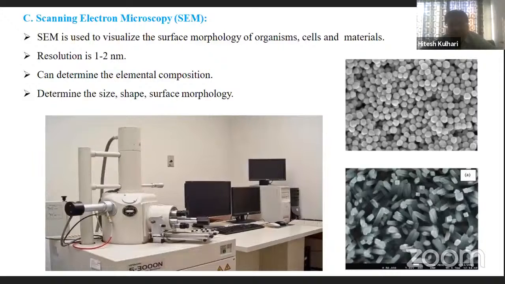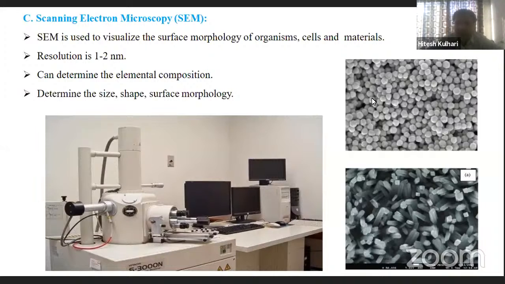Next is the scanning electron microscope. You can see in the picture how this instrument looks. The SEM is generally used for the determination of morphology. Size we can determine by the NanoSight also, DLS also, and SEM also. Here is a picture showing the structure of gold nanoparticles.